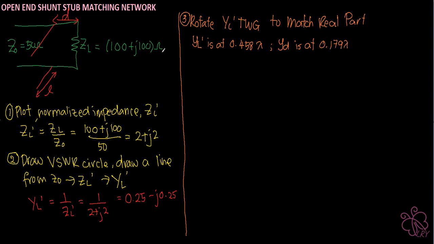So the distance D is equal to 0.5 lambda minus 0.458 lambda, and plus back 0.179 lambda. Okay, so 0.5 minus 0.458 plus 0.179, you will get 0.221 lambda. So the distance from Z load to our stub is 0.221 lambda.